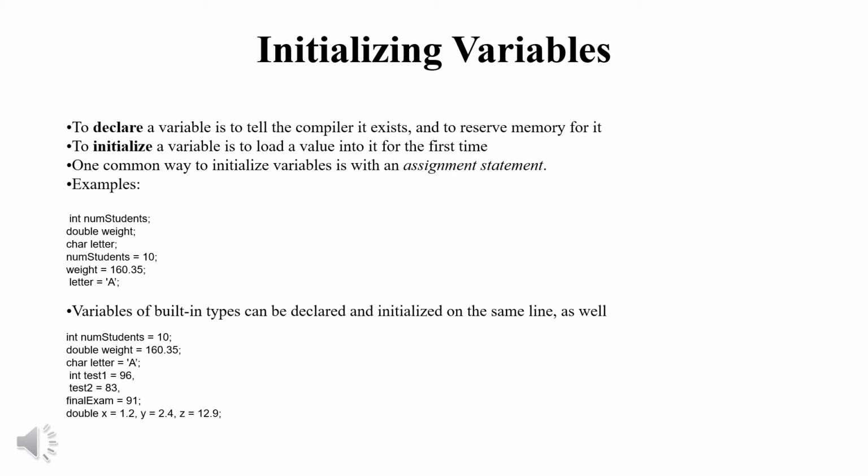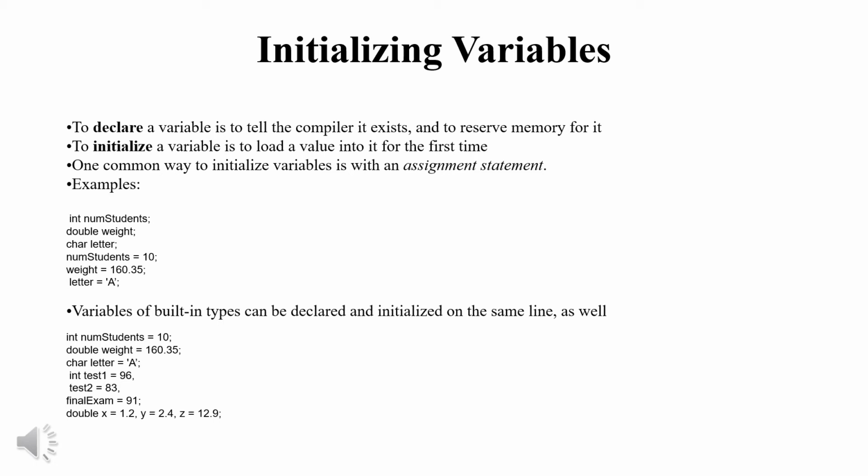You saw in the previous slides, right, that each type can have a separate size. So the next step is initializing a variable, meaning giving a value to that variable, or loading a value into that variable for the first time.